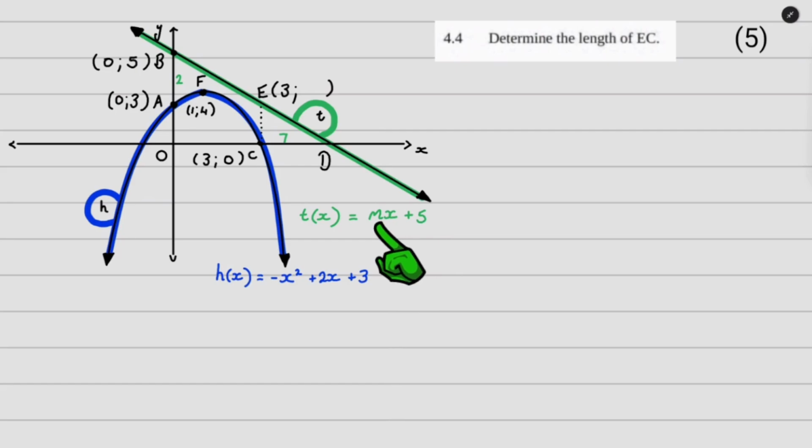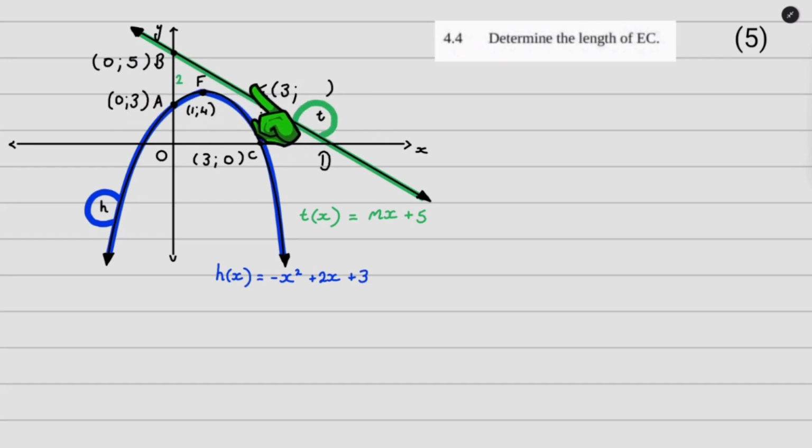But now there's another problem. I don't have m. So I need to go get m somehow. So it's going to be done through the gradient formula. We're going to get the gradient of this line, and that is the m. So to use the gradient formula, we need 2 points on the line. Currently, we've only got this point B.